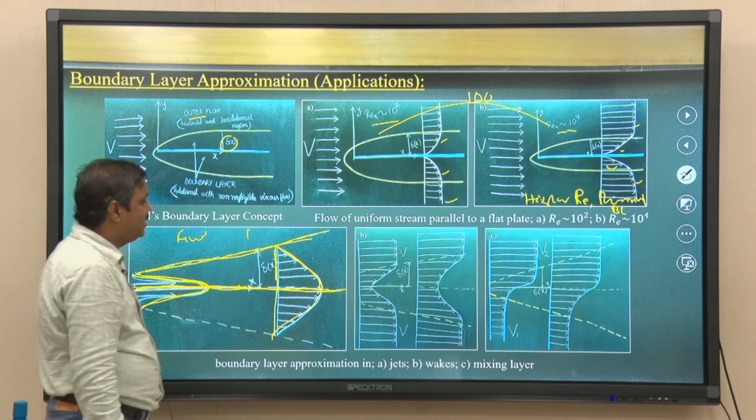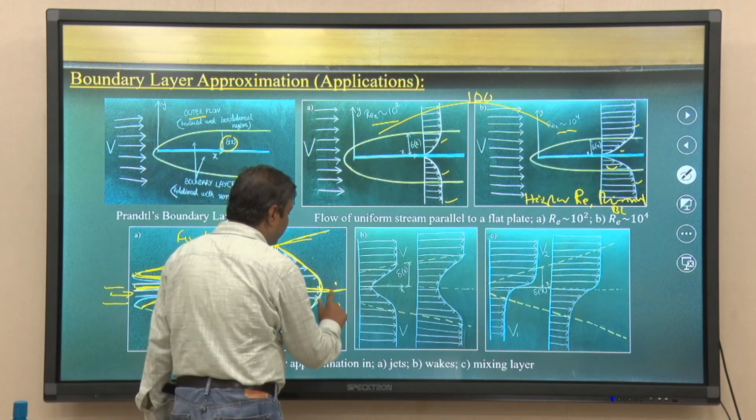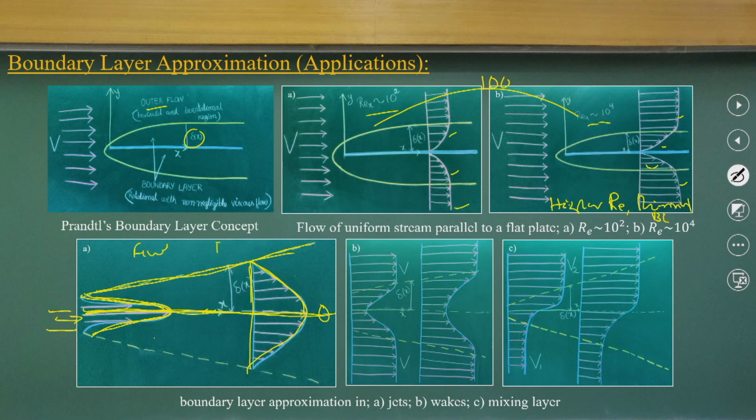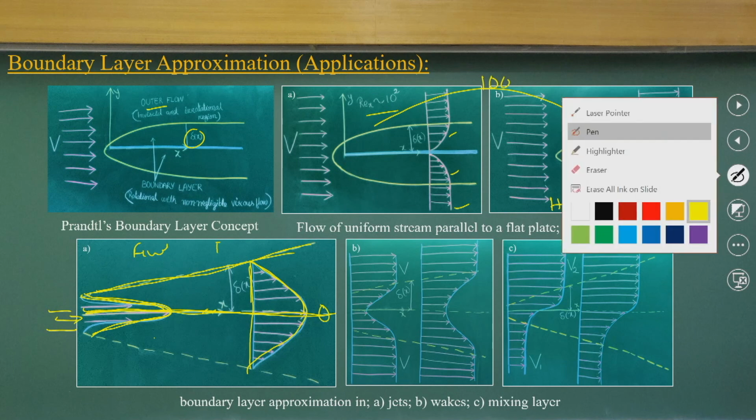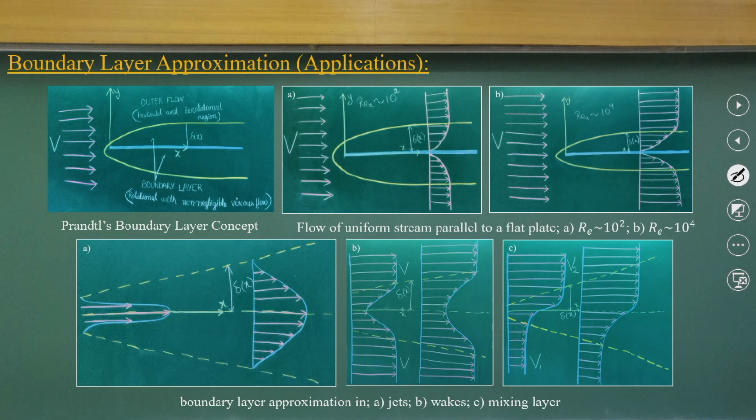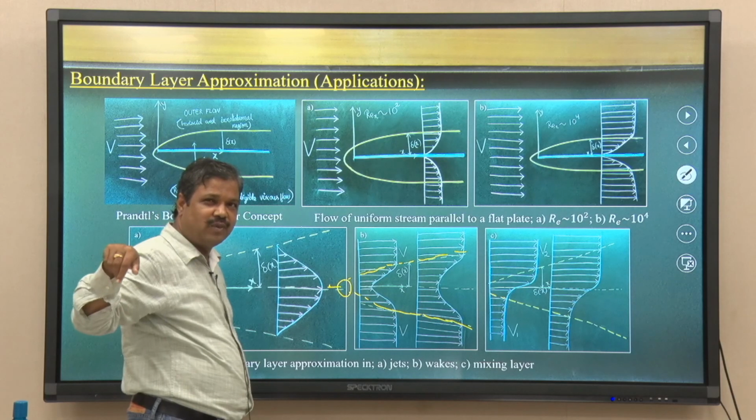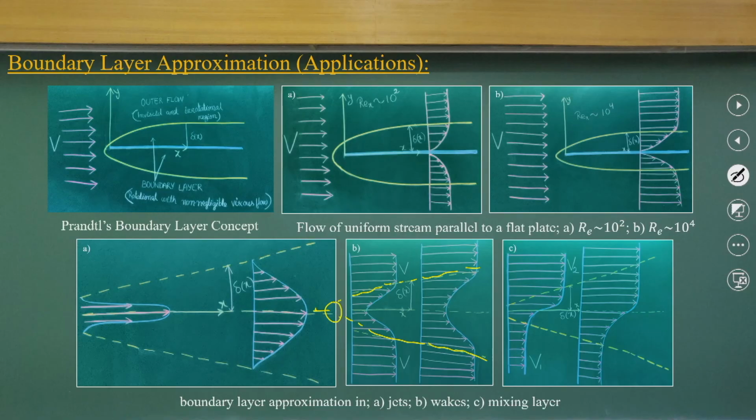Similarly, consider wake formation, just for your understanding. When a boat is moving with velocity v, you have wake formation. You can see this when any ship is moving, and from the top you can see the wake. The wake can be considered with this velocity and the 99% velocity points as constant, giving velocity distributions like these.